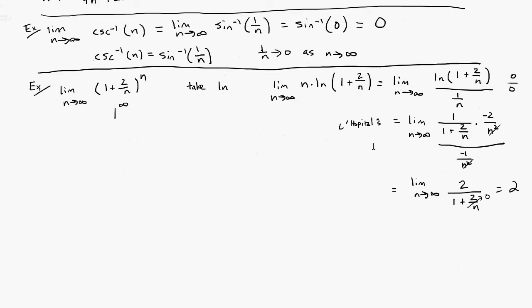So we're actually not quite done yet. In the beginning we took the natural log, so we have to exponentiate to get back the original limit. So the limit as n goes to infinity of 1 plus 2 over n to the n would be e to the 2.